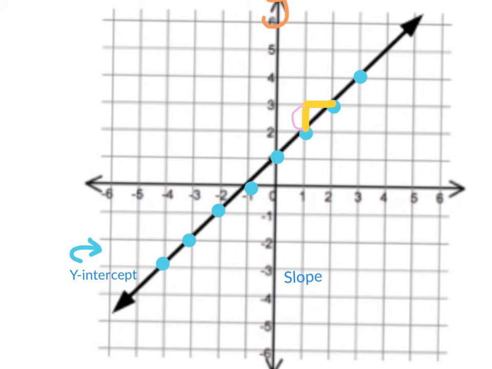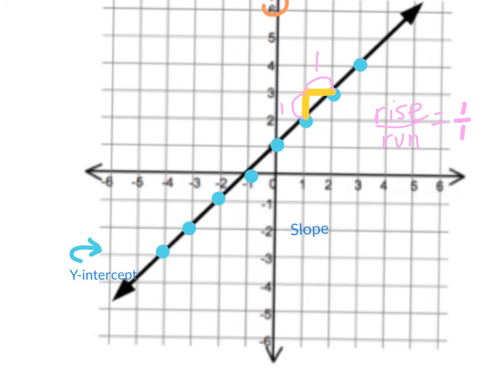How many does it rise? Rise is 1. And how many does it run? It runs 1. So my slope is the rise over the run, so my slope is 1 over 1, which would simplify to 1, because 1 divided by 1 is 1.